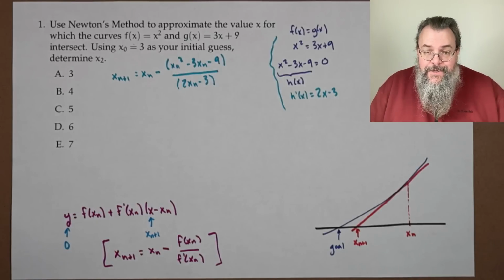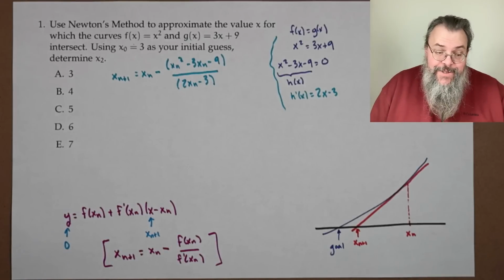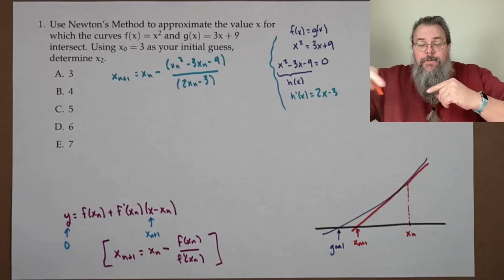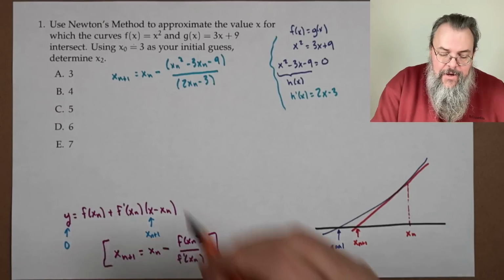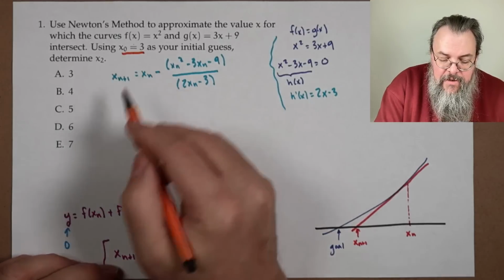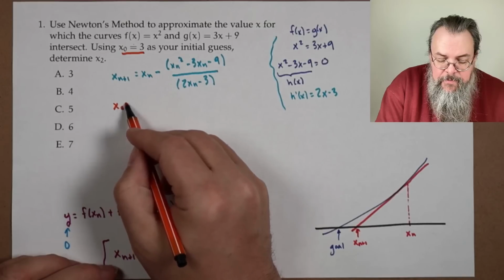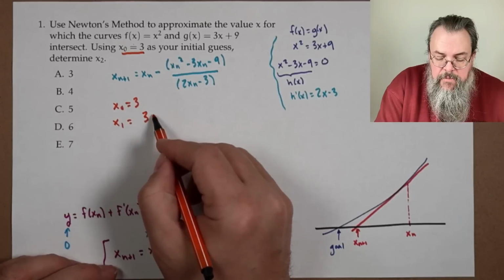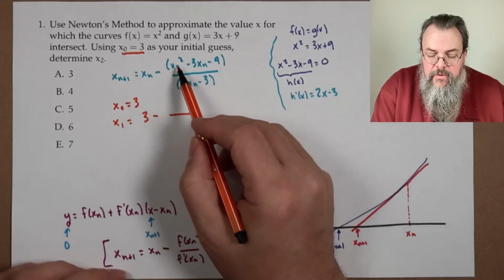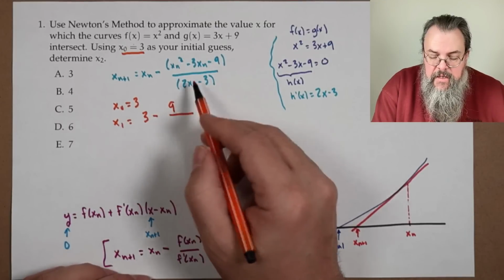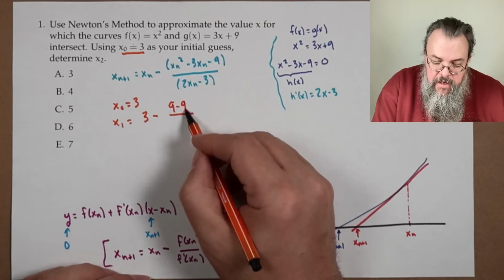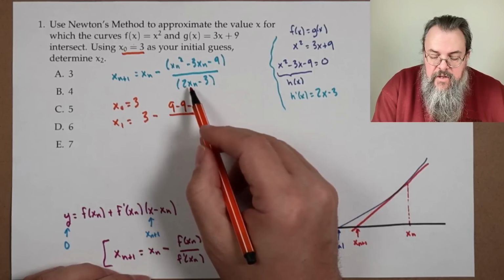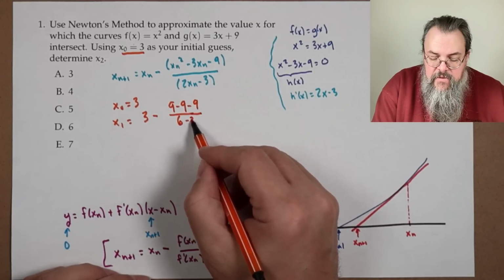All right, now some good news. We know our first guess because they told it to us. And what are we looking for? We're looking for our second guess down the road. So our initial guess is 3. So x0 equals 3. So x1 would be 3 minus, okay, 3 squared is 9, 3 times 3 is 9, 9 minus 9 minus 9. 2 times 3 is 6, minus 3.